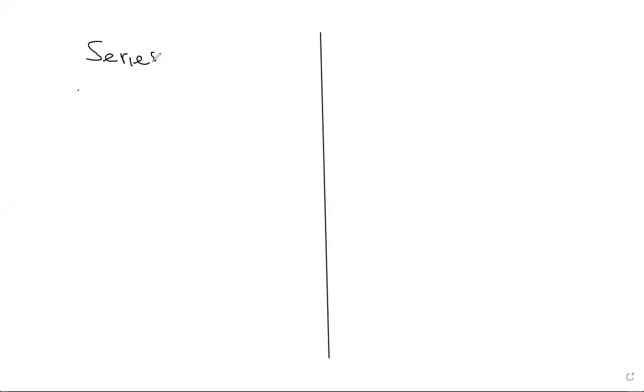Now, series is just like sequence. The only difference is that we add the terms together. You know, in sequence, the terms are separated by commas, while in series, the terms are separated by the plus sign, the addition sign.